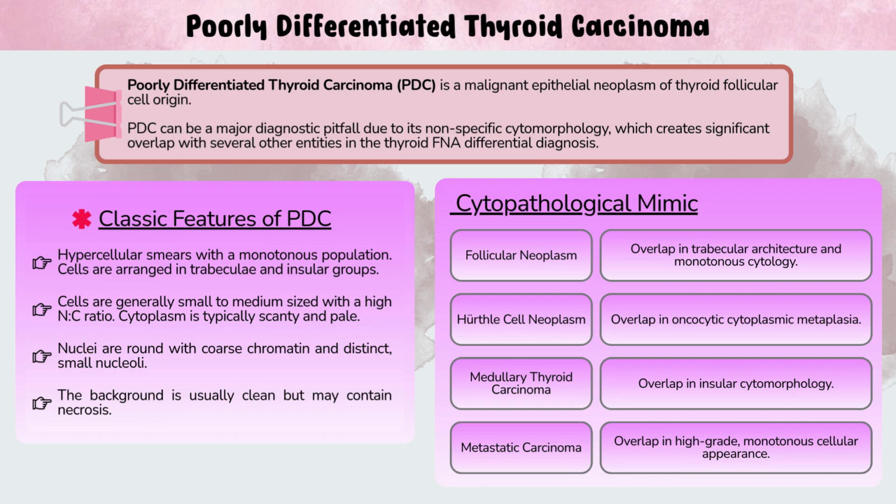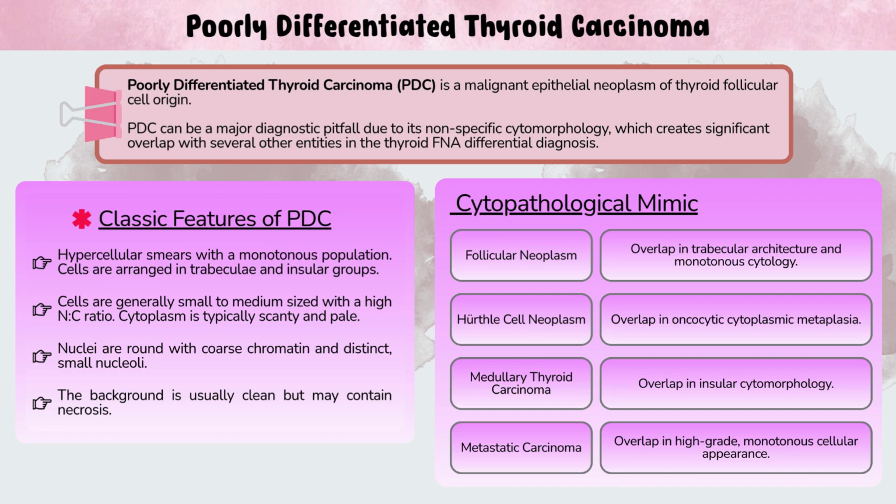carefully evaluated. Third, medullary thyroid carcinoma is a significant mimic due to overlapping insular cytomorphology. Both can show rounded nuclei and similar architectural pattern. Helpful discriminators for medullary carcinoma include amyloid in the background and positive immunohistochemical stains for calcitonin, which are absent in PDC.